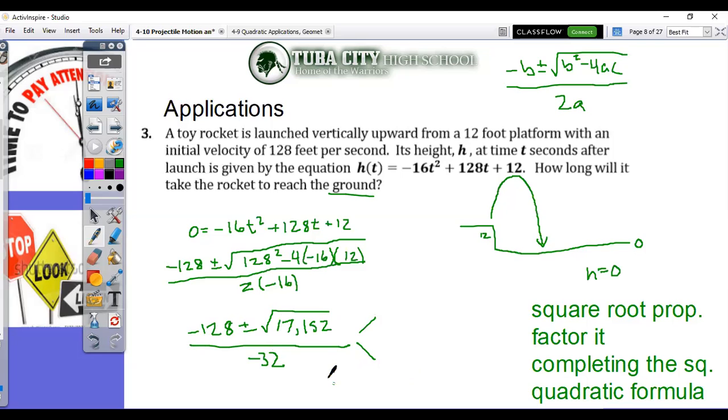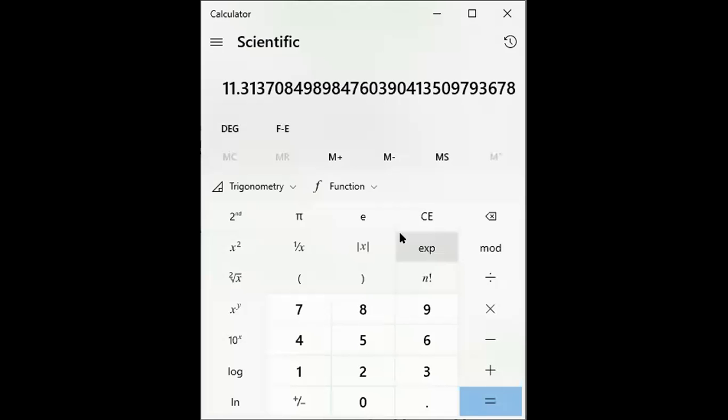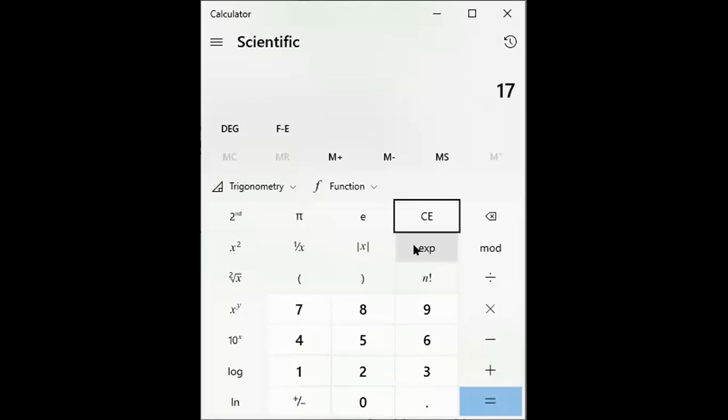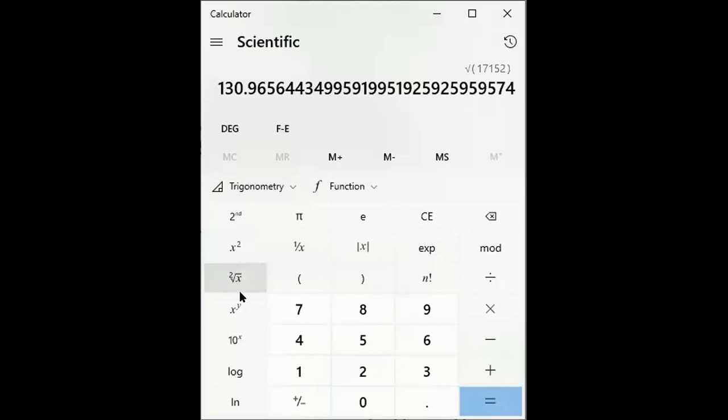Now, if I take the square root of 17,152, I'm going to need the square root button, which is this one here with the radical. I'm not sure what kind of calculator you have, but it would pretty much be the same symbol. So we have 130.965, and then we have a whole bunch of other numbers after that. But we're going to round it off to 3 decimal places.